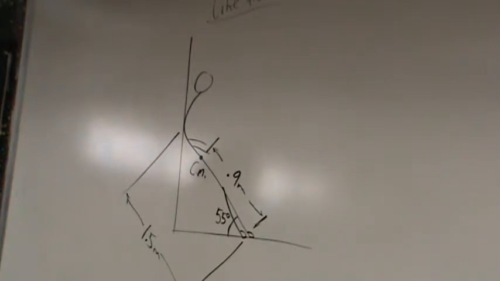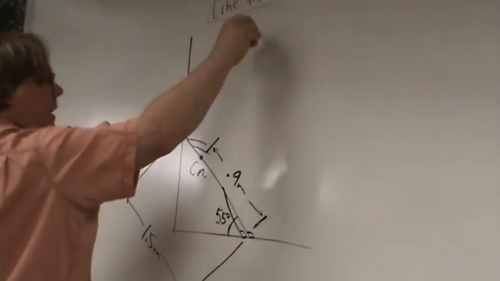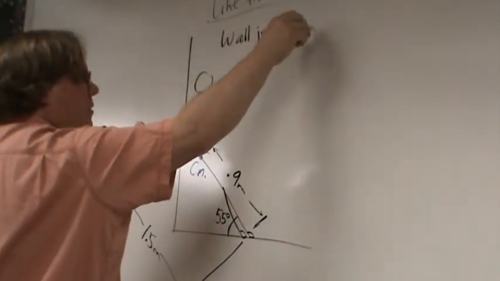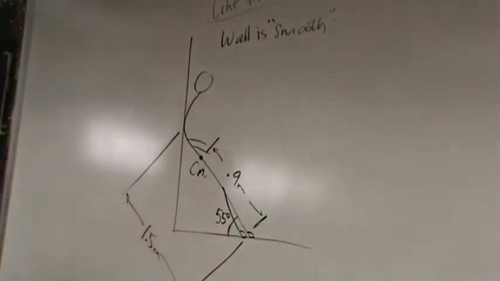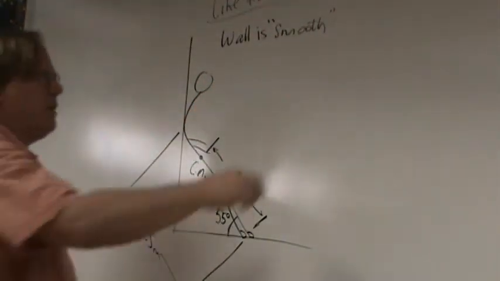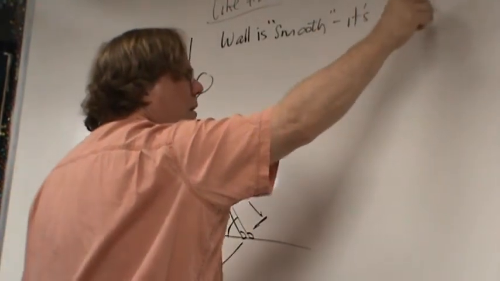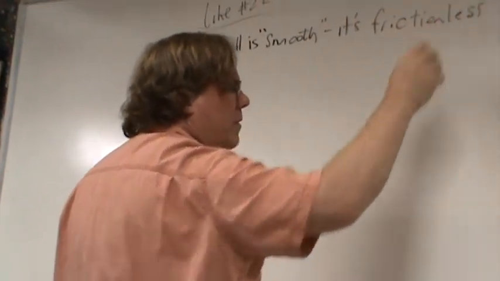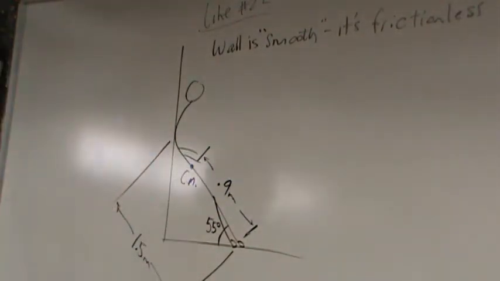There's another thing that makes this problem doable, and that is that the wall is what they call smooth. And when a physics problem says that a wall is smooth, that means it's frictionless. There's no friction between the guy's back and the wall for some crazy reason.